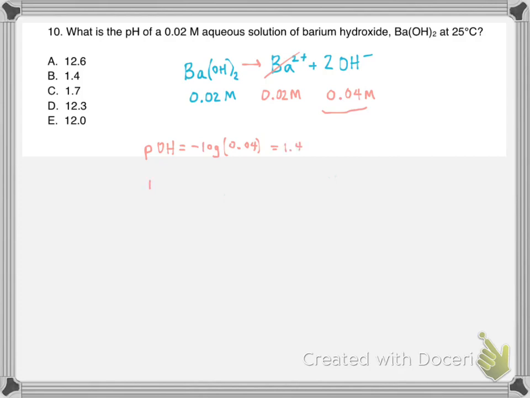So then we can say pH is equal to pKw, which is 14 at 25 degrees Celsius, minus pOH. And so our pH here is just going to be 12.6. And this makes sense, right? Because we have something that's a strong base, so we expect that this is going to be above 7. So it checks out. Okay, don't forget that final step.